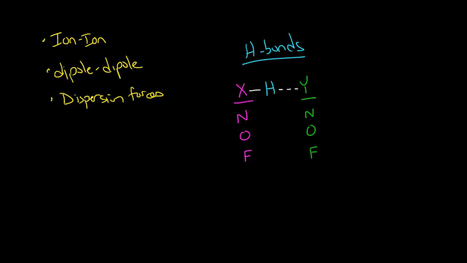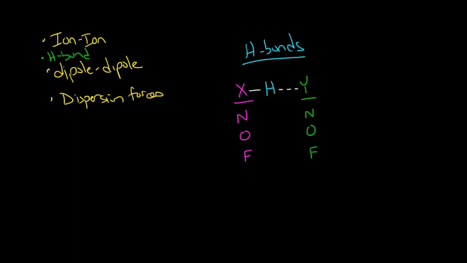So a hydrogen bond occurs between nitrogens, oxygens, and fluorines, and it occurs by sharing hydrogens. We call it a special intermolecular force because it's not one of the three core intermolecular forces, but in terms of strength, it fits in here. It's stronger than a dipole-dipole interaction, but it's weaker than an ion-ion.